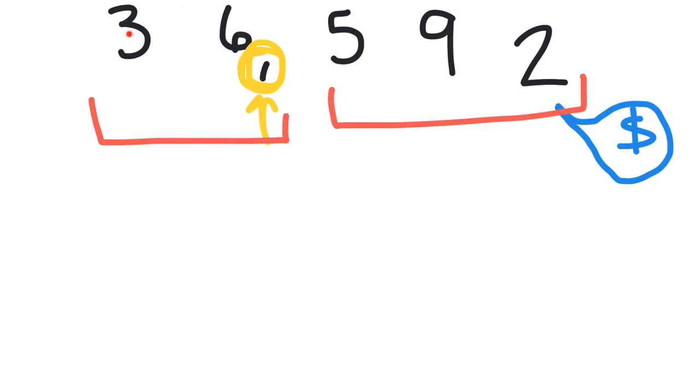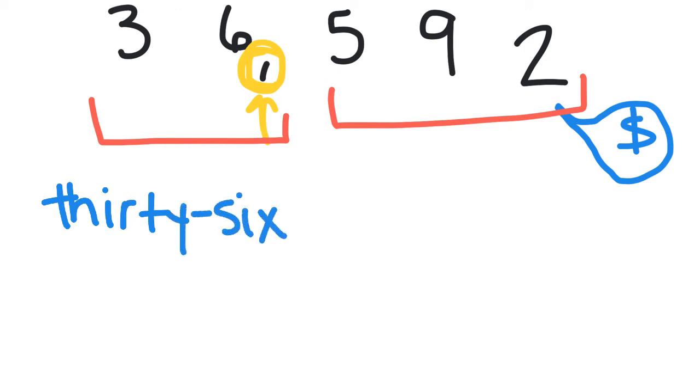So if I look at this number, just 3 and 6, how would you say 3 and 6? 36, right? So 3 and 6 would just be pronounced 36. But now I have reached my comma. 36 what place value am I in?